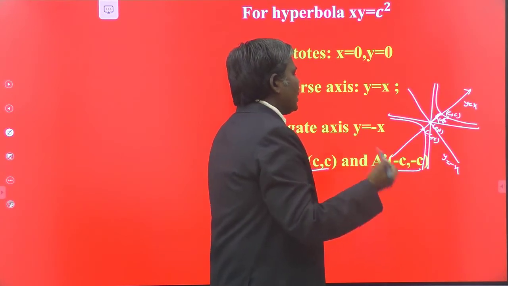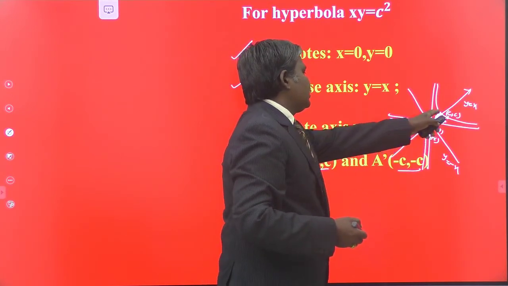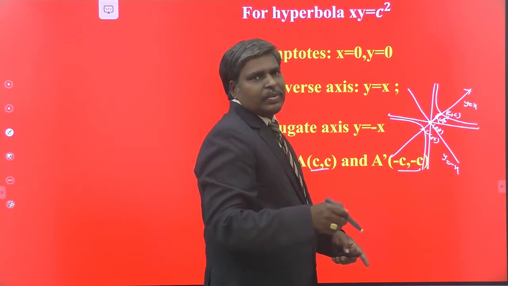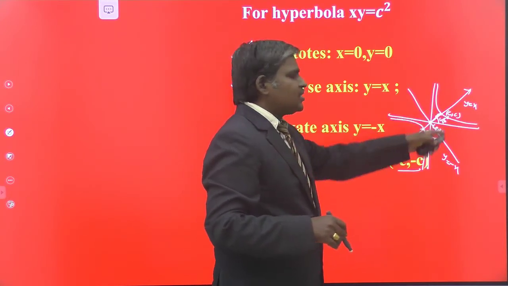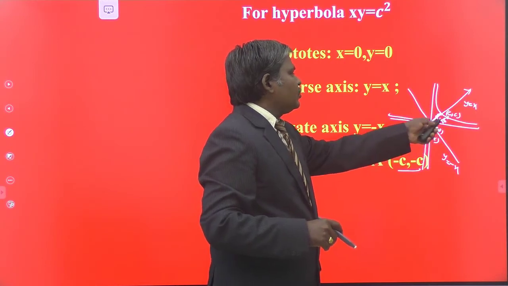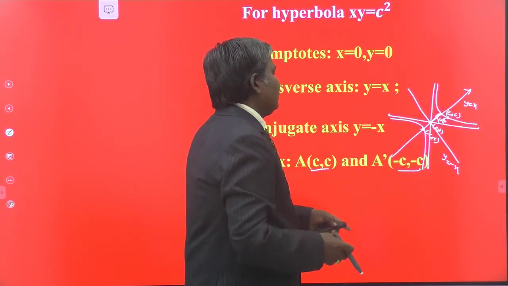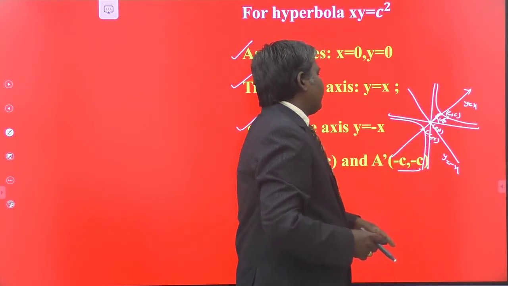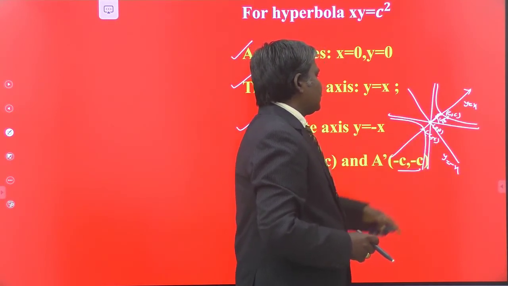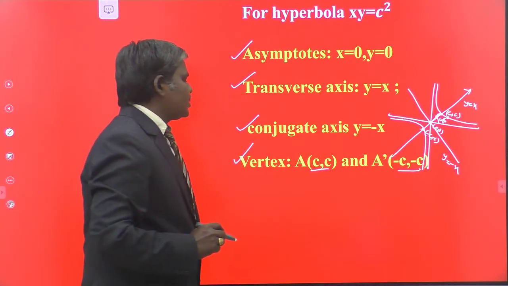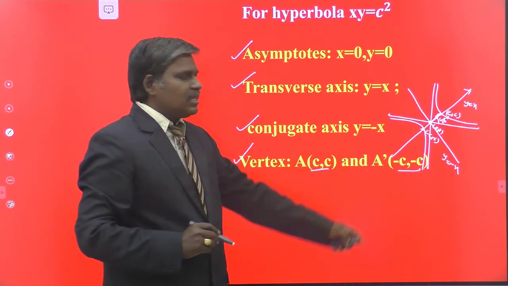So 0 plus r, meaning how many units distance from here to here? a units. Cos theta is 1 by root 2. So a by root 2 is nothing but c, and b by root 2, that is b is nothing but a, that is also c. So c comma c are the coordinates of the vertex. Here also minus c comma c. So the vertices of the rectangular hyperbola xy equal to c square are c comma c and minus c comma c.